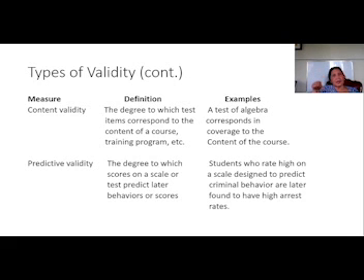Ano ang TOS? Table of Specification. Okay. Example, a test of algebra corresponds in coverage to the content of the course. So, titingnan natin ang test na ginawa at ang syllabus, ang content ng syllabus. Kung magka-align sila, then we are sure that our test has content validity.